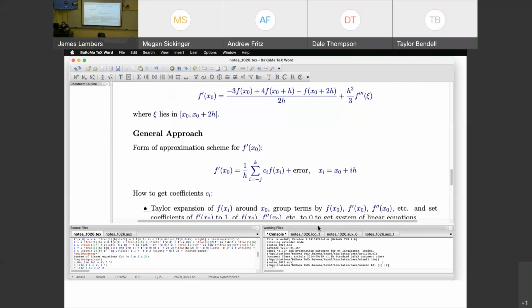That's why I have indices that can be negative or positive. So I can have any number of points to the left of x naught and to the right of x naught. So I have coefficients multiplying these values of f, and then I always have a 1 over h out front. Now this is for first derivative. If it was like second derivative, I'd have a 1 over h squared factor, and so on.